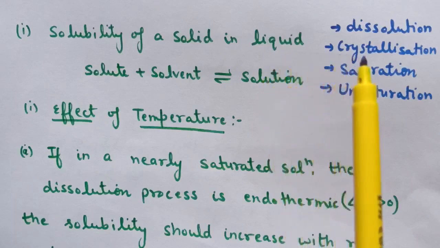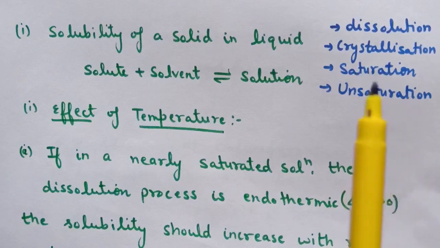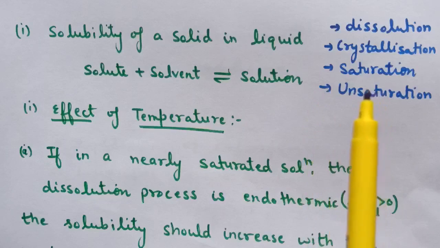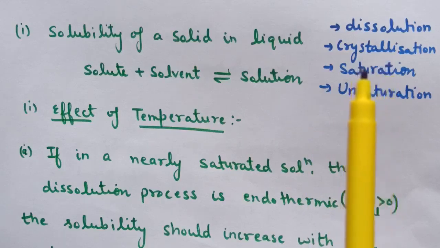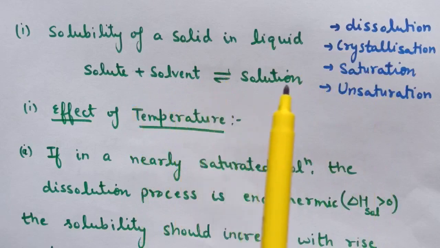This process is known as crystallization. And a stage is reached when the two processes occur at the same rate. Under such conditions, number of solute particles going into the solution will be equal to the solute particles separating out, and the state of dynamic equilibrium is reached, that is, solute plus solvent is in equilibrium with solution.